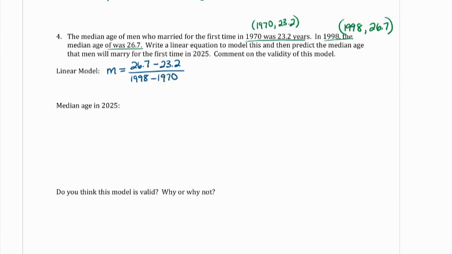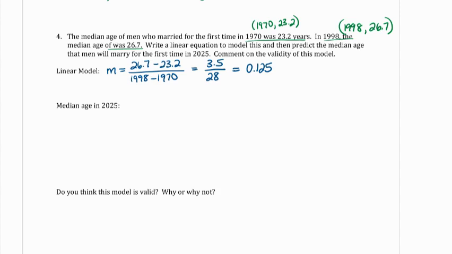So we get 3.5 on the top, and 98 minus 70 would be 28 years, right? Because there's a decimal on top already, I'm going to just divide that and make my slope a decimal, and that gives us 0.125 as our slope. You could, by the way, take those both by 2 and simplify the fraction. You get 1/8, but 0.125 is just fine.